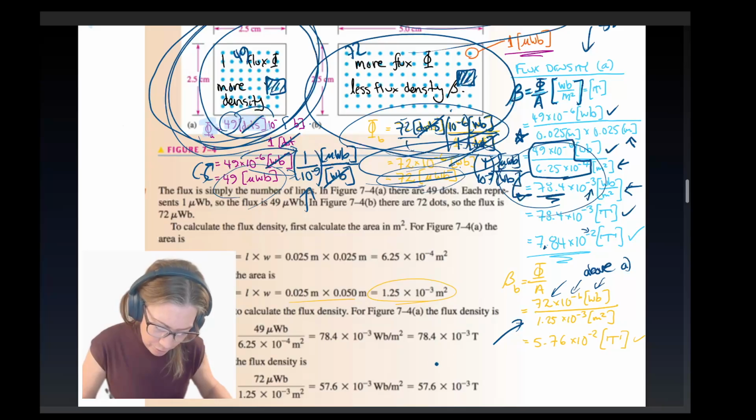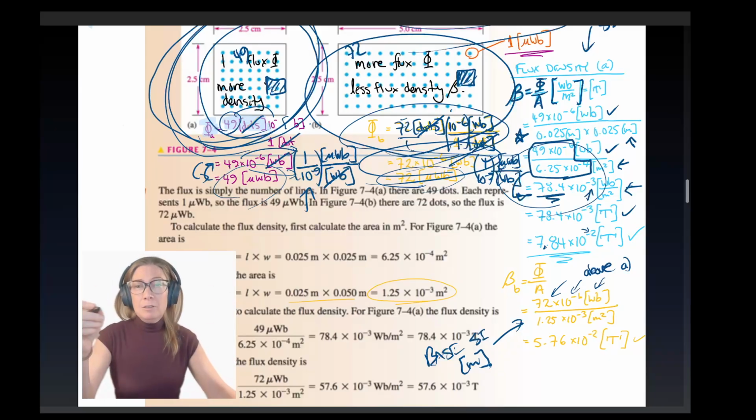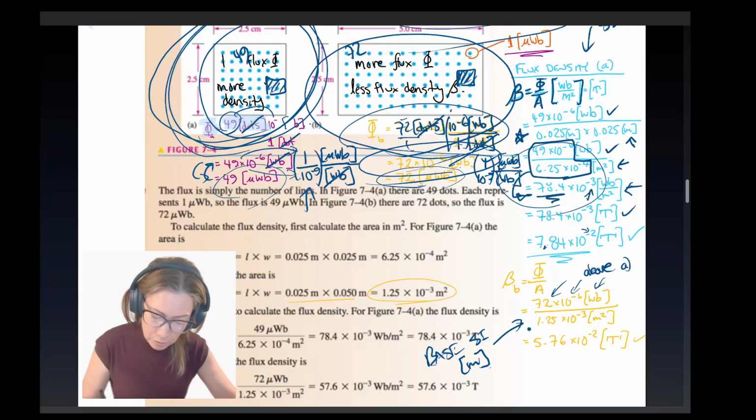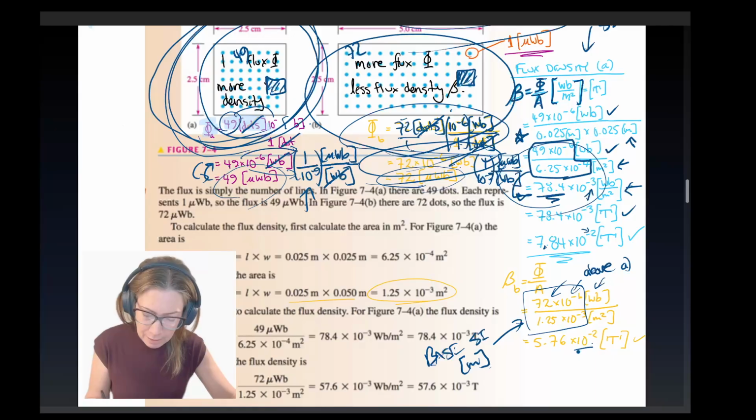Make sure that you use base SI meters. In all of magnetism, use meters, base SI. Divide by that meters squared and make sure that you can go and calculate this and get the right number of the right scientific notation for this. Don't express this as a decimal form.